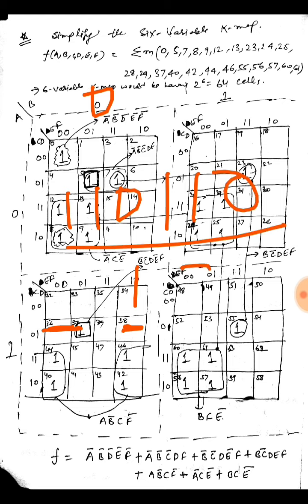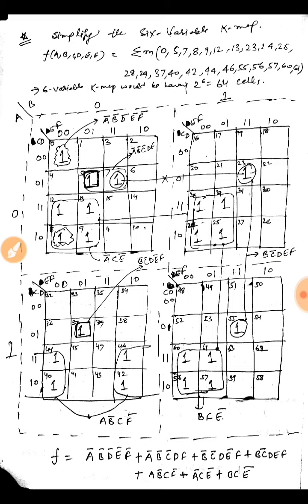Similarly, for this cell, A is 1, B is 0, C is 0, D is 1, E is 1, and F is 0. So its number would be 38. Okay, so this is how I have numbered them.